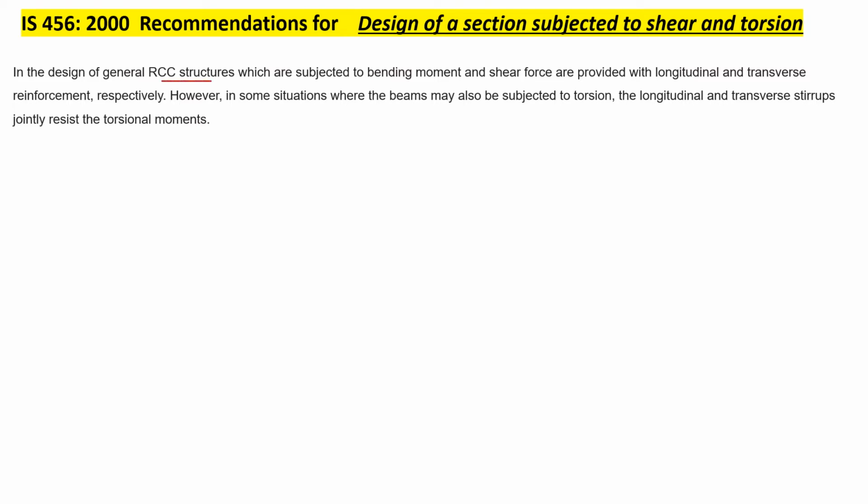So in the design of general RCC structure which is subjected to bending moment as well as shear force, what we have done is provide longitudinal steel to resist the bending moment and transverse reinforcement to take care of the shear stresses that develop due to the shear force.